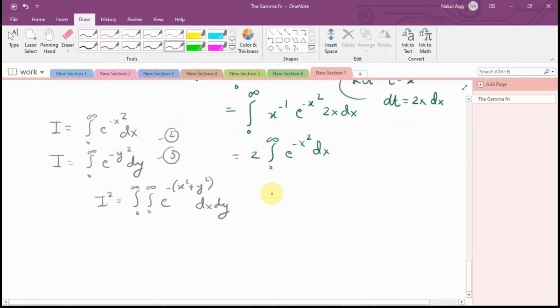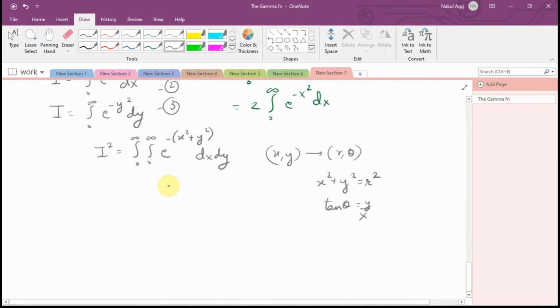So now we are going to have the substitution, a change of variables basically, from xy to r comma theta, such that x square plus y square is equal to r square and tan theta is equal to y by x. So the area element in the polar coordinates is equal to r dr d theta.